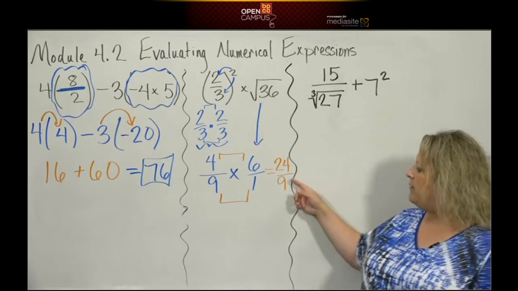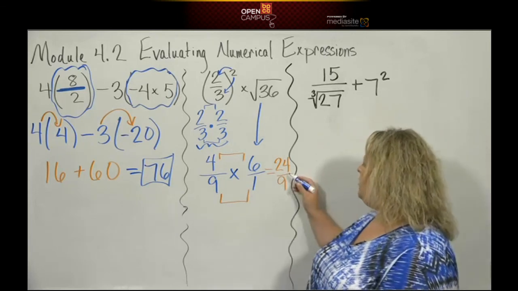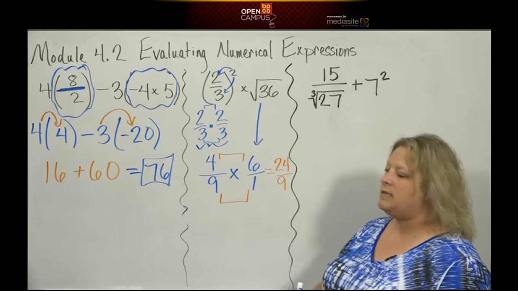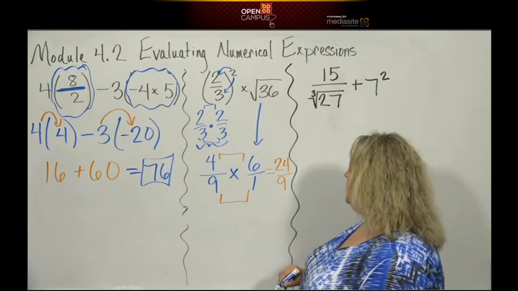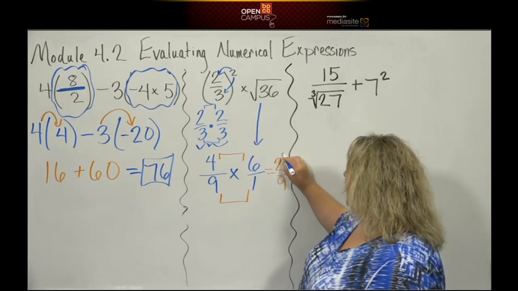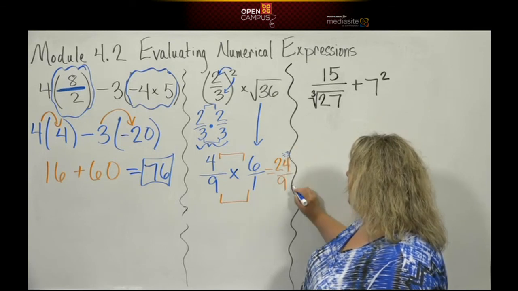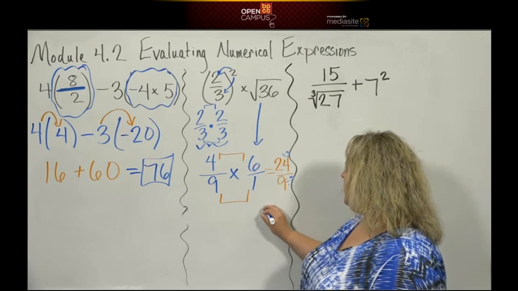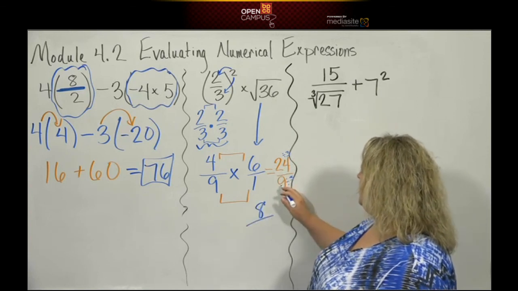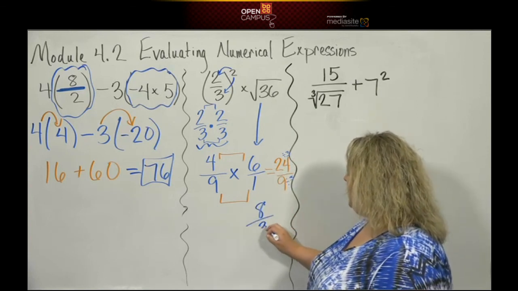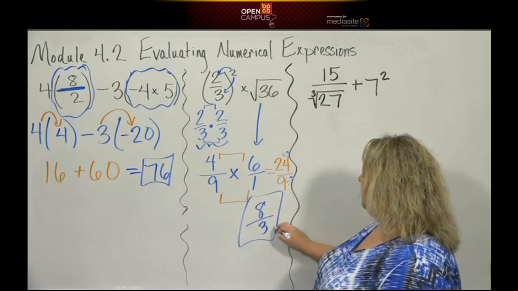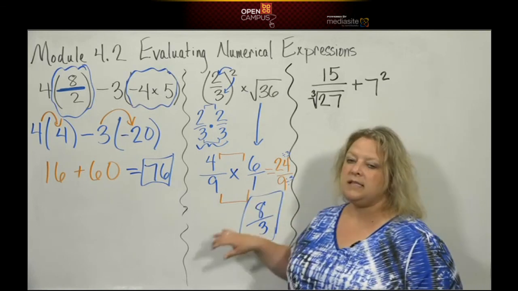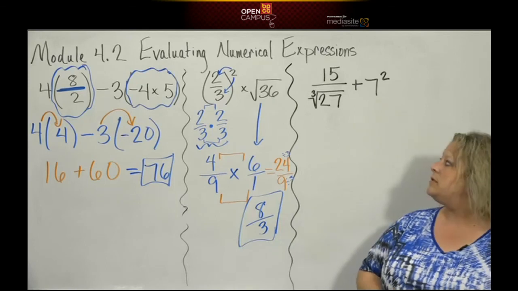So I have 24 over 9. Can 24 over 9 be reduced? Yes, it can. It can be reduced by 3. So I'm going to divide that by 3, and I'm going to divide that by 3. So 24 divided by 3 makes 8. 9 divided by 3 is 3, and I get 8/3. And again, you can leave it as improper as long as it's reduced.